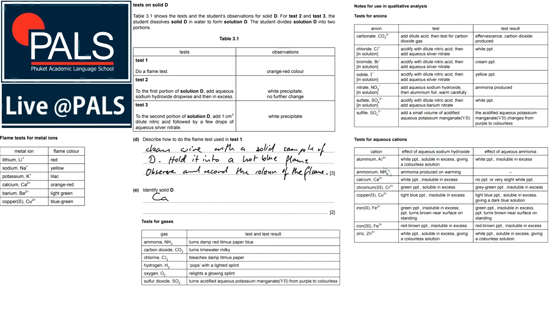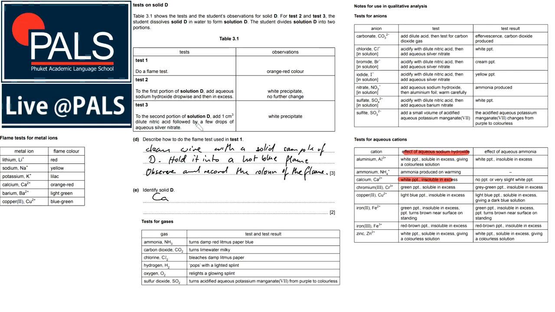So we go back to cation. Effects of aqueous sodium hydroxide. We already know, pretty sure that it's calcium, and these results match with our previous flame test for calcium ions. Another test for calcium ions, white precipitate insoluble in excess, so that just verifies that we have calcium.